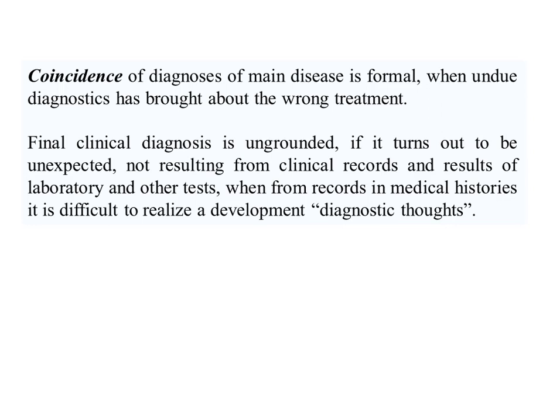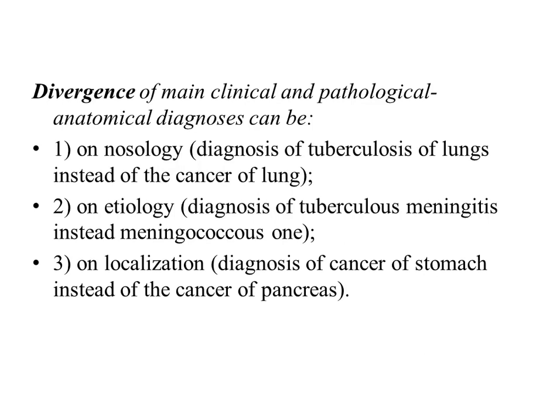Final clinical diagnosis is ungrounded if it cannot be explained from the clinical records and the results of laboratory and other tests, when from the records in the medical history it is difficult to understand the development of diagnostic thought. Divergence of the main clinical and post-mortem diagnosis can be, according to type, nosological, etiological, and localization.